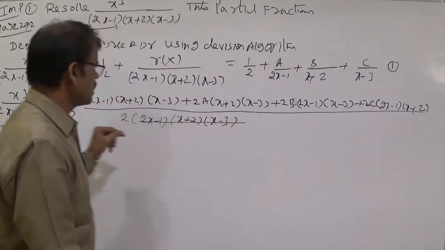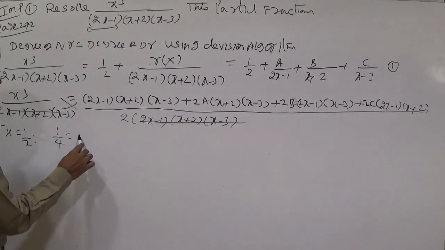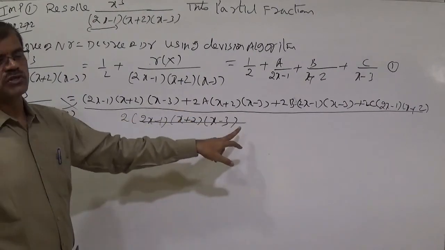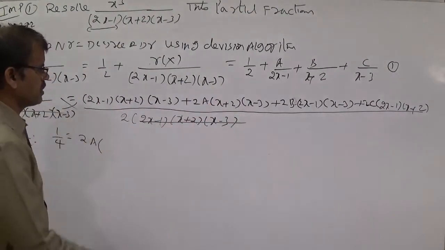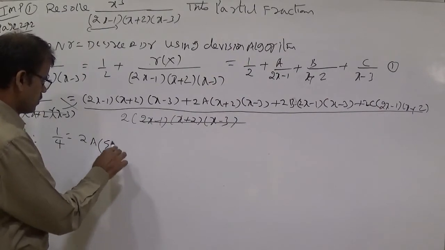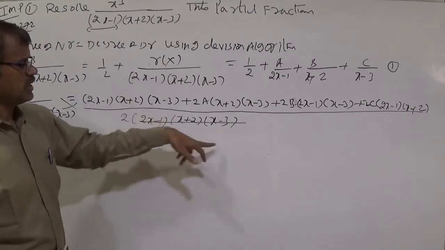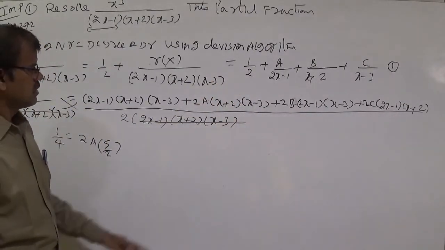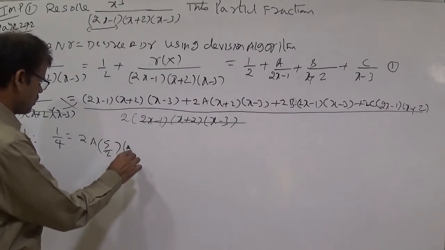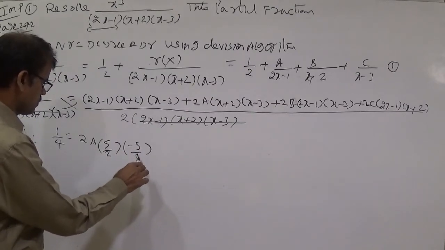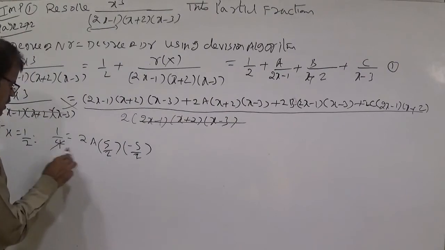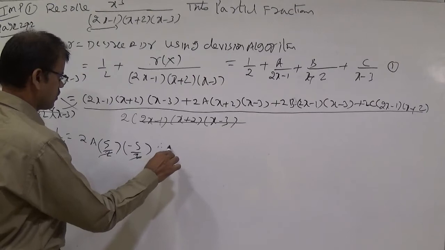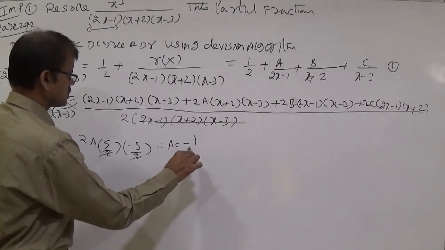So we will be getting 2a into, x is equal to 1 by 2, 1 by 2 plus 2, 2 2's are 4 plus 1, 5 by 2, 5 by 2 into 1 by 2 minus 3, 1 minus 6, minus 5 by 2. 2 2's are 4 and 4, this will be getting cancelled. So therefore you can write A is equal to minus 1 by 50.